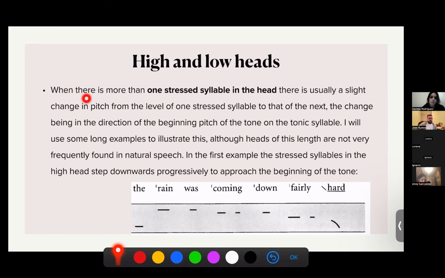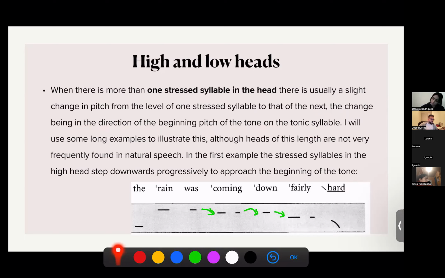When there is more than one stressed syllable, for example, "rain", "coming", "down", "fairly", there's usually a slight change in pitch from the level of one stressed syllable to that of the next, the change being in the direction of the beginning pitch of the tone on the tonic syllable.